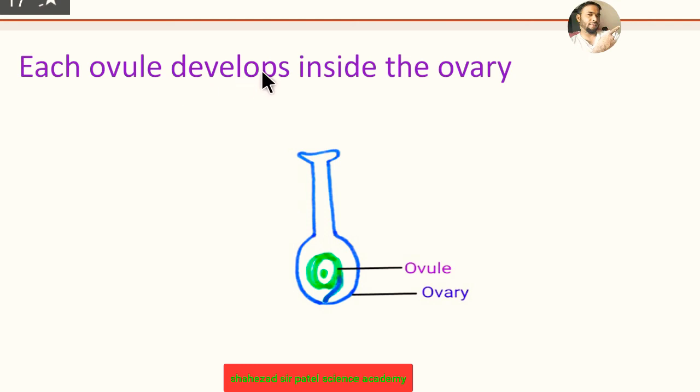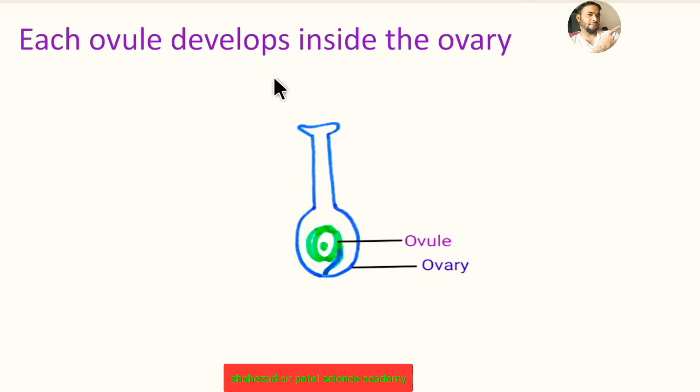Each ovule develops inside the ovary. As you can see here, this is the structure of a carpel. The uppermost structure is called stigma. Below it there is a stalk-like structure called the style, and the style is attached with this circular structure called the ovary.